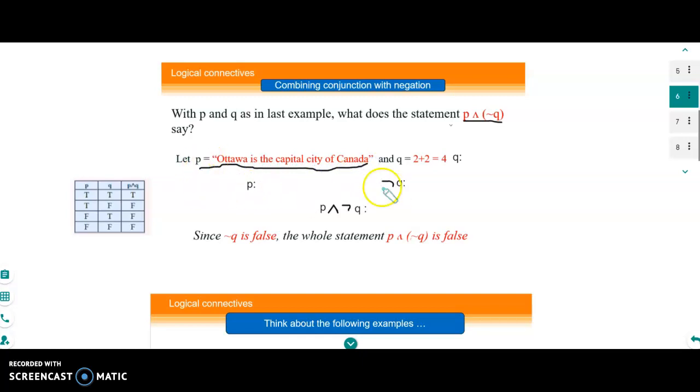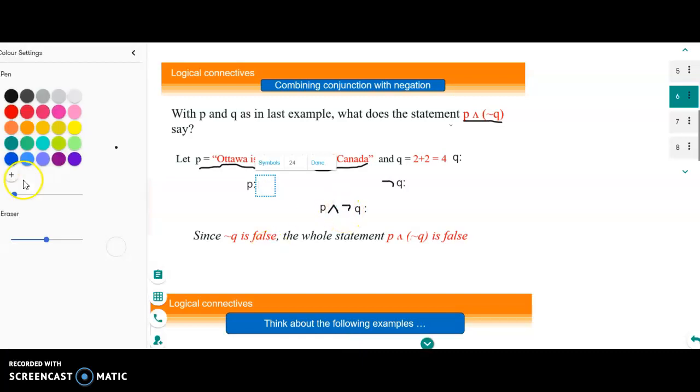I guess you already know that it's true, because Ottawa is the capital city of Canada, not Montreal. Remember that. So this proposition, P, is true. Let's do it with another color, for example, with red, much better. So let's write it here. That would be true.